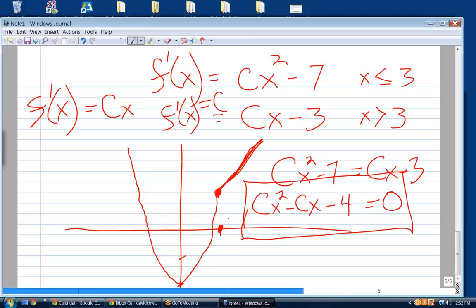Why can't we solve that for C? Can we solve that for C? Well, we wouldn't get C in terms of x. In other words, if C were 1, there would only be 2 solutions for this. If C were 2, there would still only be 2 solutions.